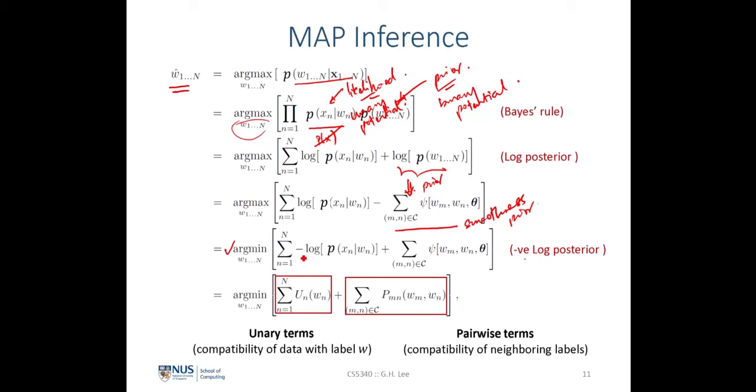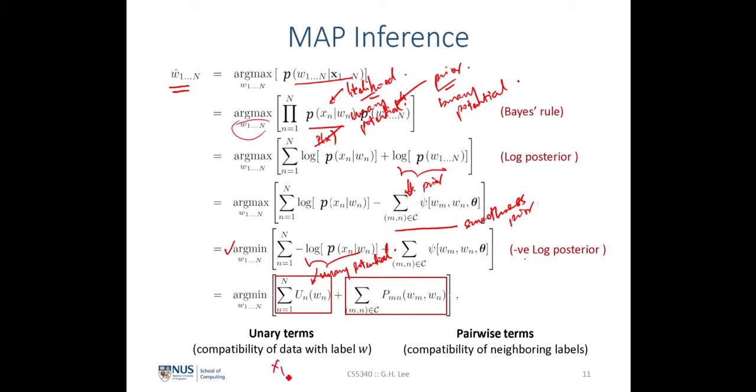And then the last thing that we do would be to replace this likelihood term with our unary potential function that we saw, that can be described using the Bernoulli distribution in the previous slide. And the objective now would be to simply minimize this total cost function, which is given by a set of unary terms that tells us how compatible the data is.